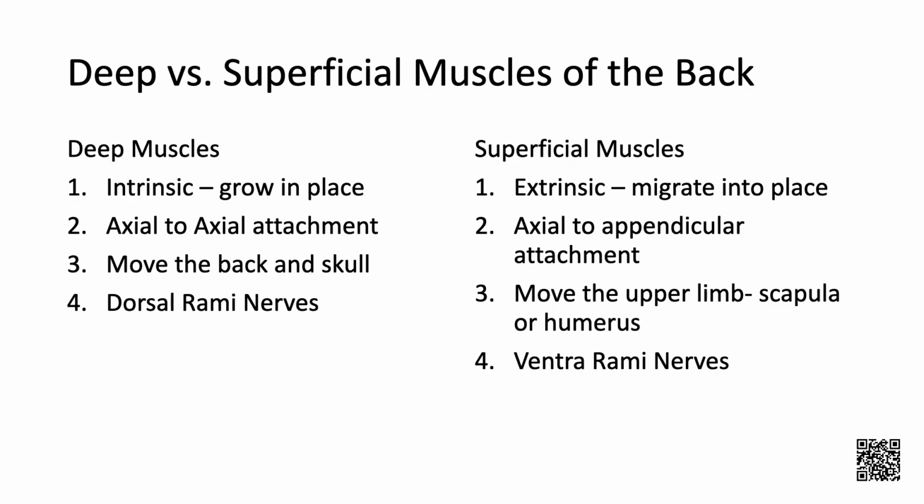Superficial muscles migrate in, attach axial to appendicular, and move the upper limb by acting on the scapula or humerus. These are innervated by the ventral rami nerves. Think of it as 2 teams, one stabilizing the spine itself and the other moving the limbs.